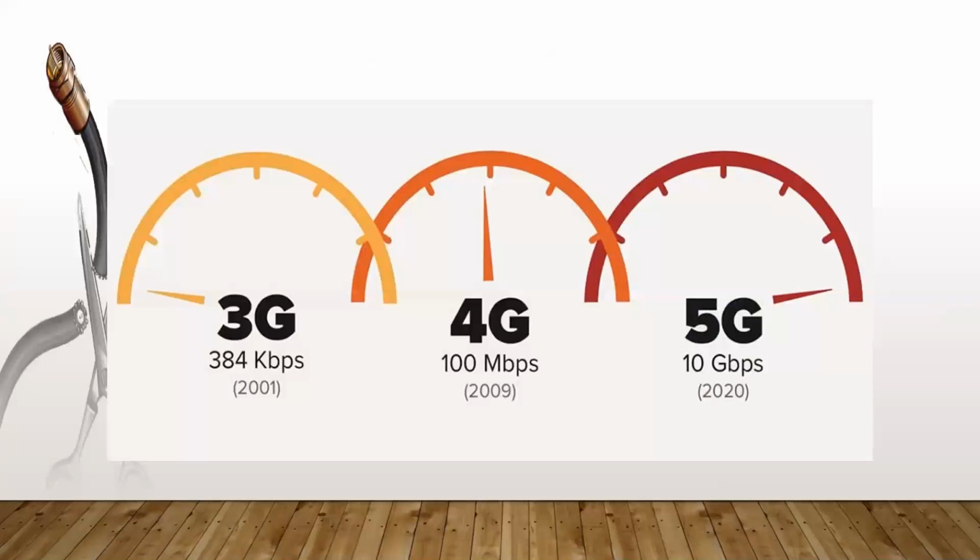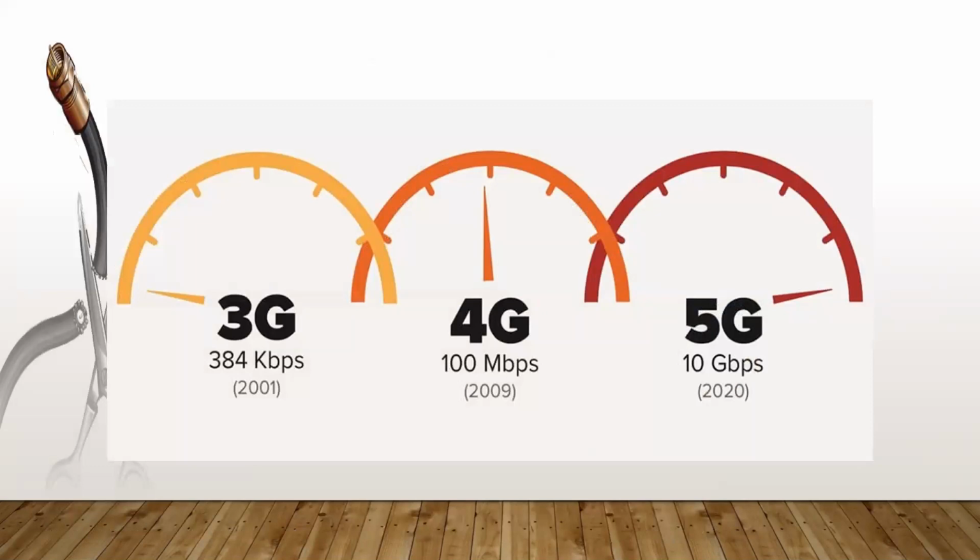And now these are what you get on your cell phones, not what you're getting from your Wi-Fi at home. This is what you're getting from your cell phone, or if you're tethering, or if you are buying a hotspot that connects to a cell and then connects to your phone or to your laptop or to your desktop, you're going to get speeds of probably no more than about 100 megabits per second.